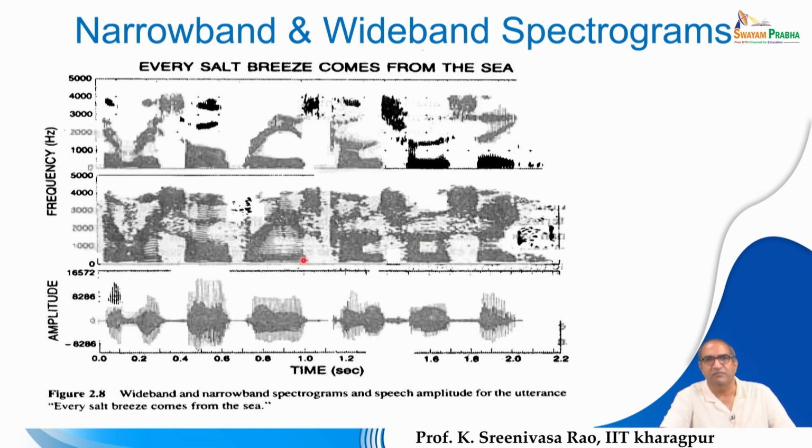So if you observe these spectrograms, for every sound unit there are roughly 3 or 4 ranges of frequencies where significant energy is observed.